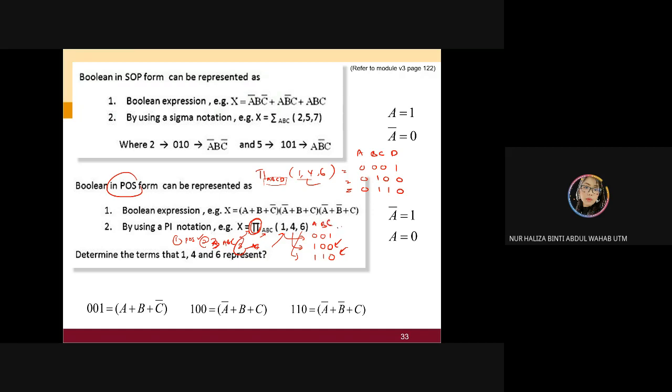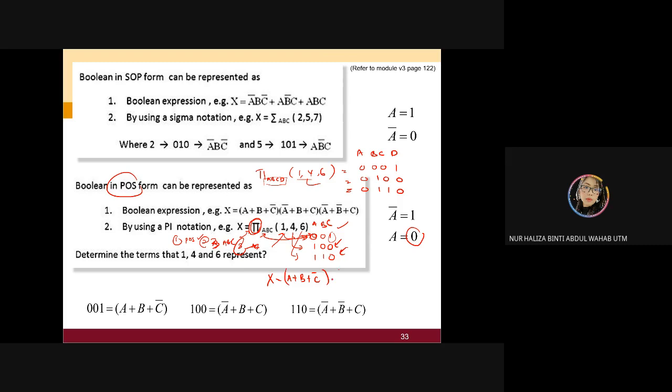So after you know your binary answer, you're going to represent it in your POS. How to represent? You're going to see 0 will be A, 0 will be B, 1 will be C bar. So for the first, you get A plus B plus C bar.